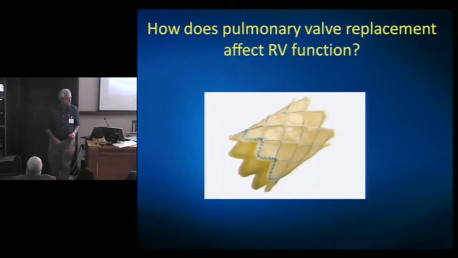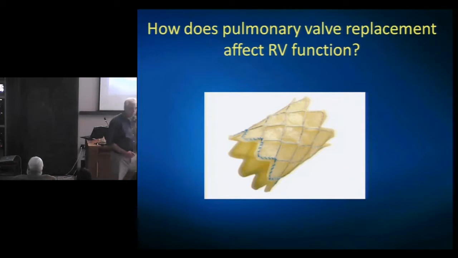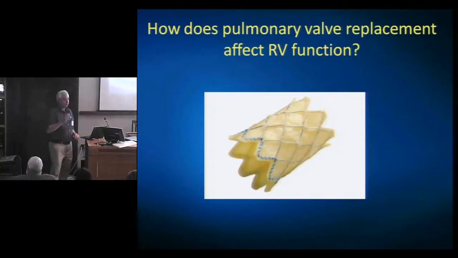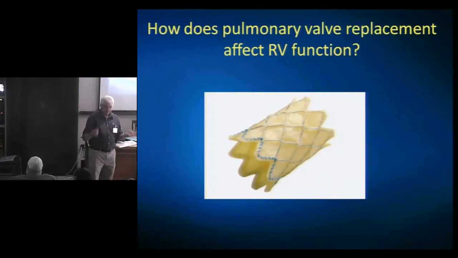So one of the things that has gained a lot of attention now, if we're talking about pulmonary regurgitation and pulmonary stenosis as possible factors in the pathophysiology of dysfunction here, is if you find this to go and implant a pulmonary valve. Now, the indications for pulmonary valve replacement are controversial. We can discuss them.